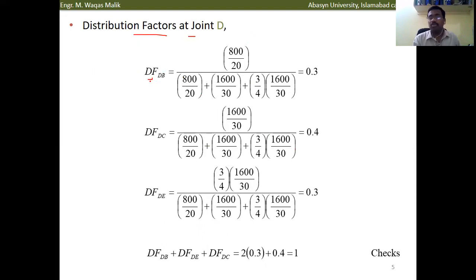For member DB, we have the relative stiffness of member DB, which is 800 by 20, divided by the relative stiffness of DB, 800 by 20, plus the relative stiffness of member CD, which is 1600 by 30, plus the reduced stiffness for the member DE, which will be 3 by 4 times inertia by length. After simplification, the answer comes out to be 0.3.